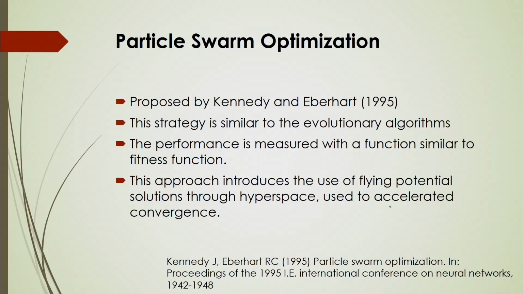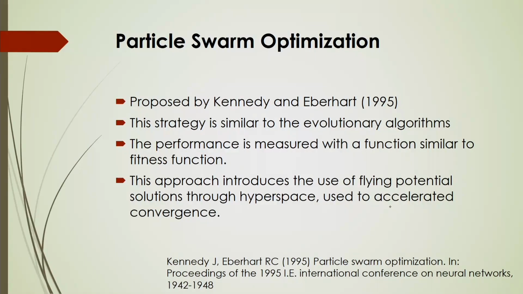In that case you have to measure the performance with a function that is very similar to the fitness function. So, that is why the strategy is similar to the evolutionary algorithm, and this approach, using flying potential solutions in the hyperspace, generates accelerated convergence.